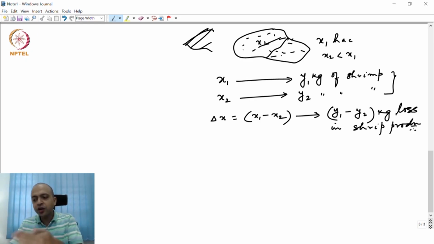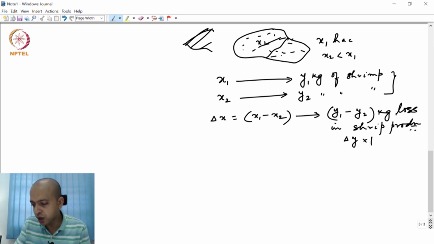Okay, and we can convert this into monetary units if we know the price of the shrimp. So that means we can say this is delta y amount.